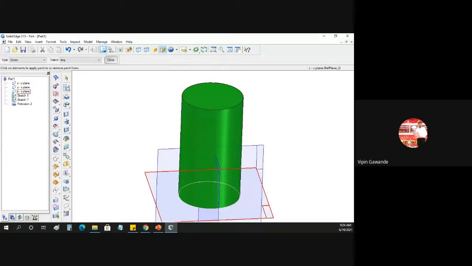If you are standing at the front side, just check the mouse arrow, then out of the total circle, only the semicircle is visible to you. The backside semicircle is not visible to you, because of the solid.